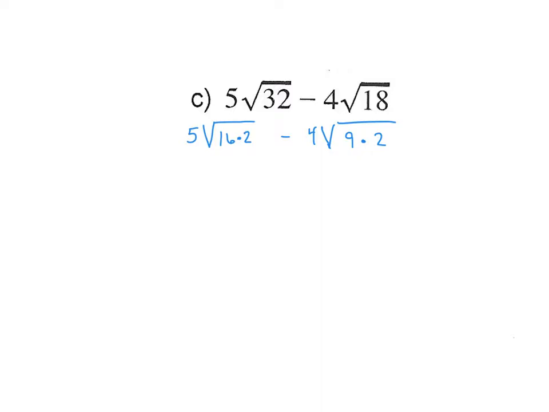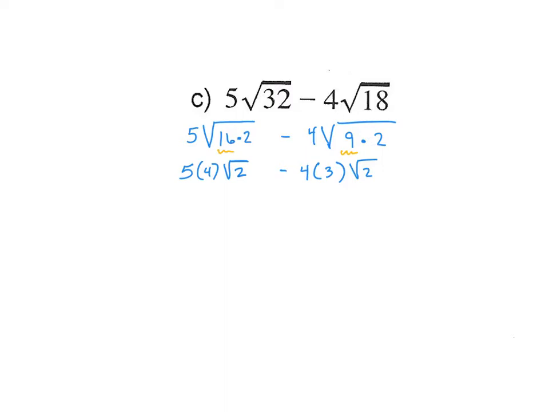So I have 5 times, and we know that the square root of 16 is going to be 4, so that would be 5 times 4 square root of 2, because I can't find the square root of 2 without a calculator, minus 4 times, in this case, I know that the square root of 9 is going to be 3, so I can bring that 3 out, leaving behind 2 under the radical.